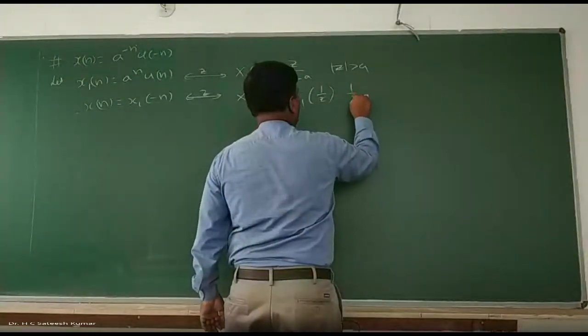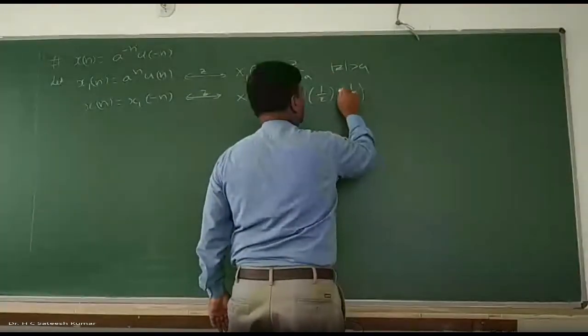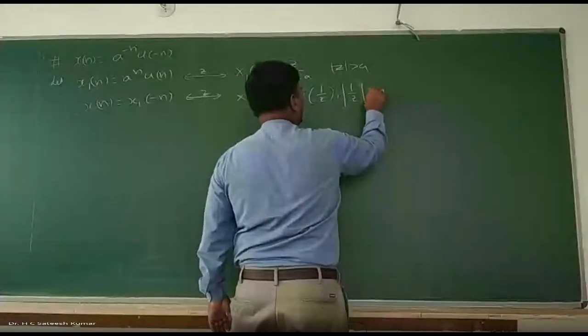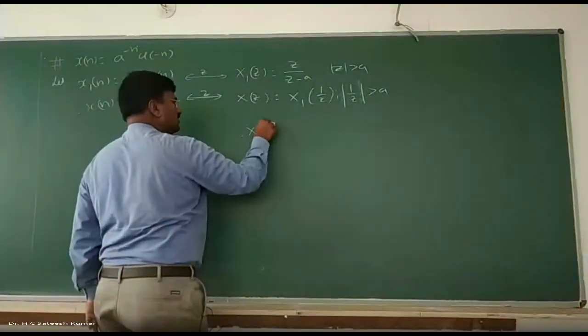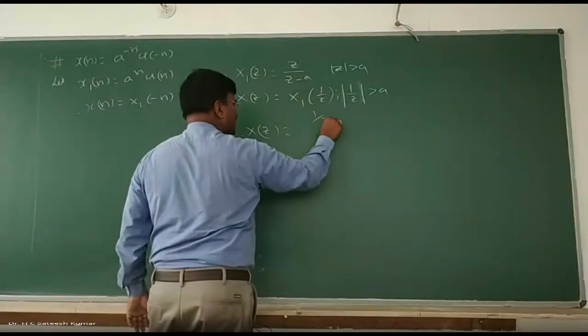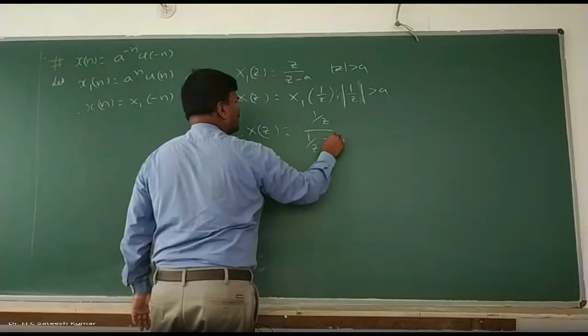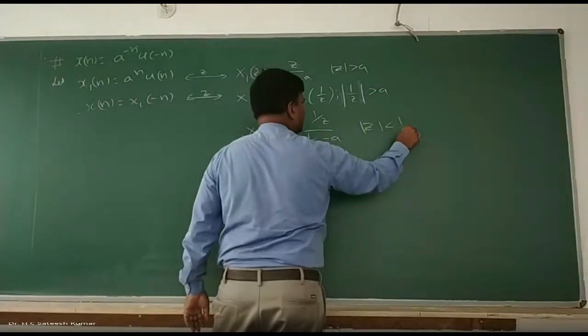ROC is magnitude of 1 by z greater than a. Therefore, x of z is equal to x1 of 1 by z, which is 1 by z divided by 1 by z minus a, with ROC mod z less than 1 by a.